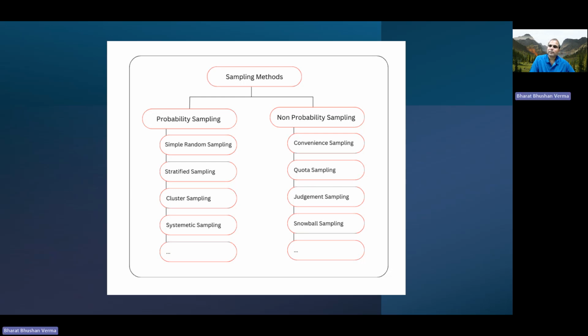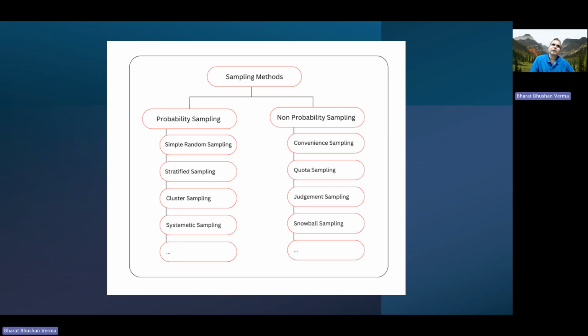On the other hand, we have non-probability sampling. Non-probability sampling is deployed for quick studies, something where random sampling or probability sampling is expensive or infeasible to do. First one is convenience sampling. In case of convenience sampling, we collect the data from the accessible sample.